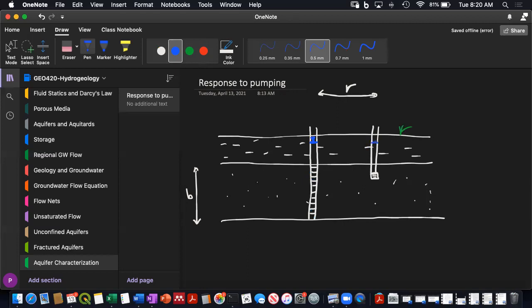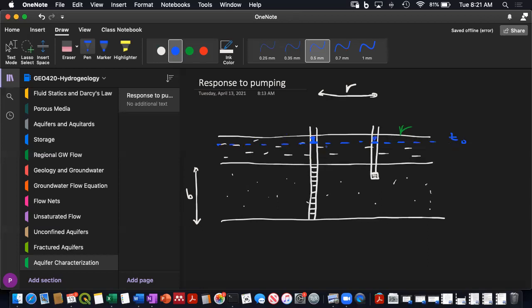And we're going to say that the head gradient before we start pumping is flat. All right, we're going to make the assumption that the head gradient is flat. And so we can envision that there's this potentiometric surface, flat potentiometric surface in our aquifer at time 0.